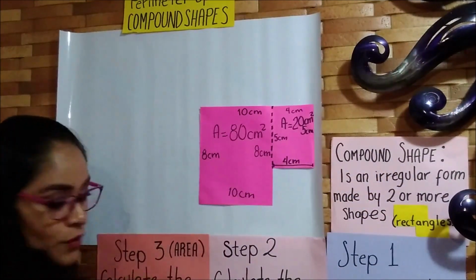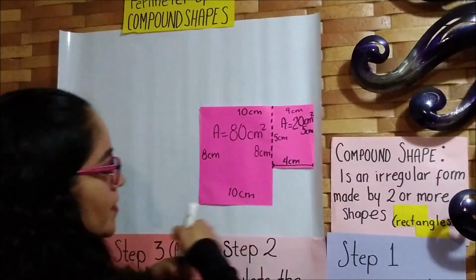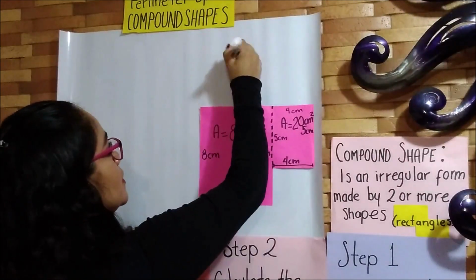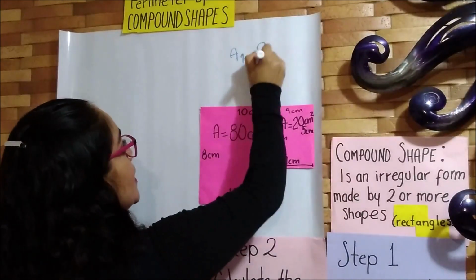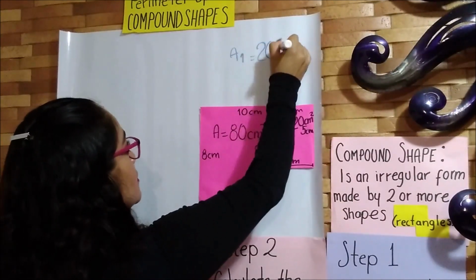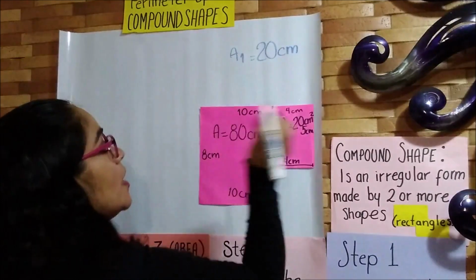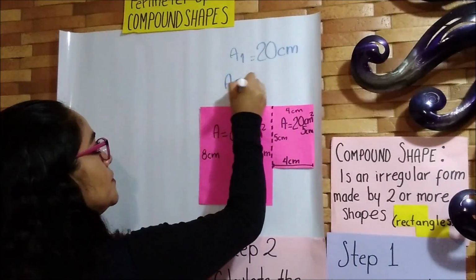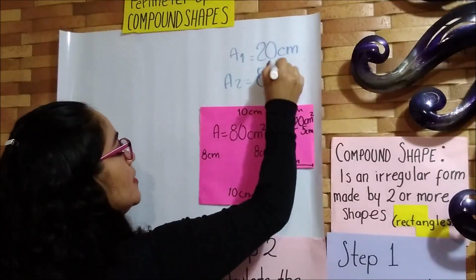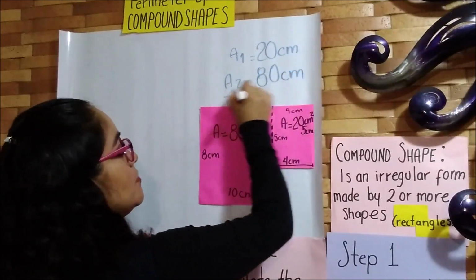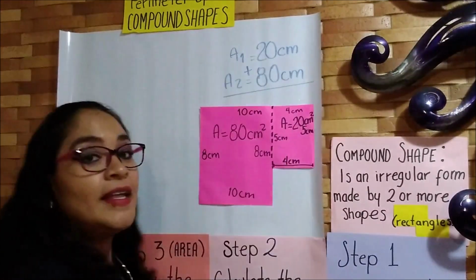We're going to add area 1, that is 20 centimeters, plus area 2, that is 80 centimeters.